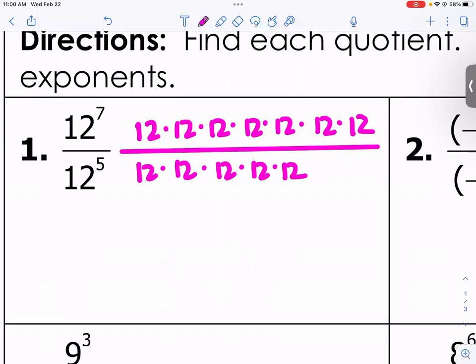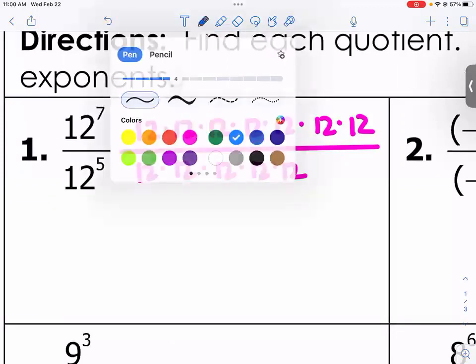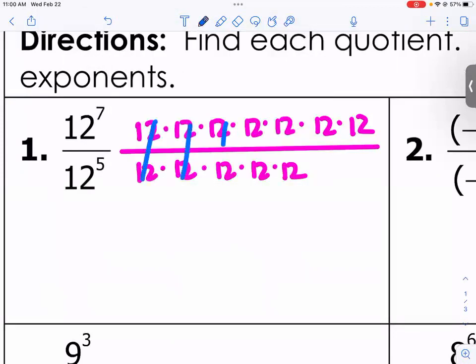So if I actually map out what we have, I have 7 12s multiplied to each other divided by 5 12s multiplied to each other. Well, what's happening? 12 divided by 12 is 1, right? And now I'm left with only 2 of them.